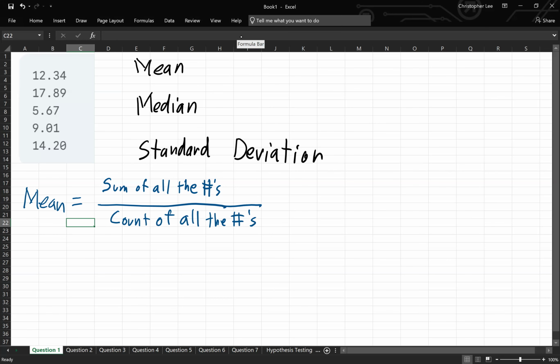We remember this, right? Again, this is in chapter 3 on your formula sheet. You do not have to memorize it. In chapter 3 it is written as x bar is equal to the sum of x divided by n. It means what I just wrote right here.